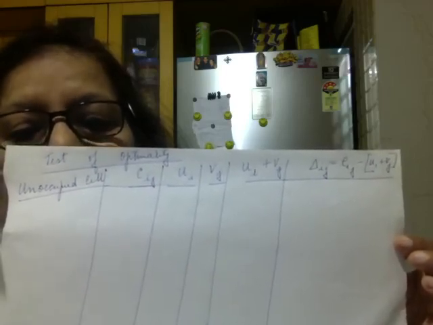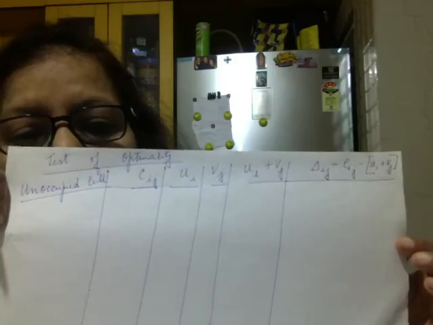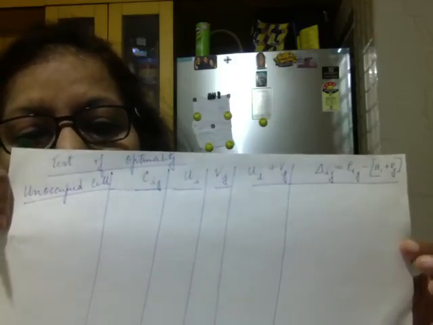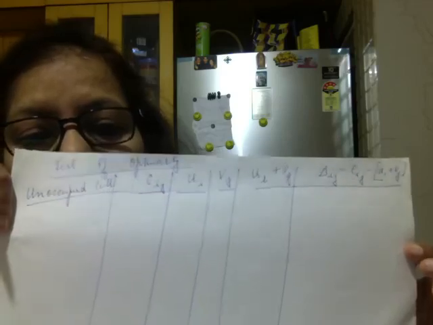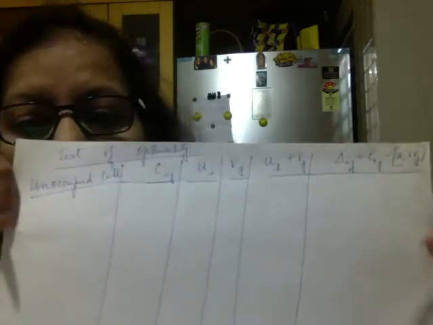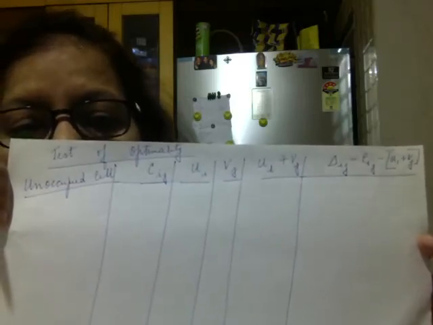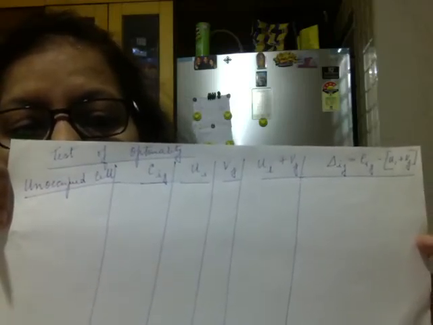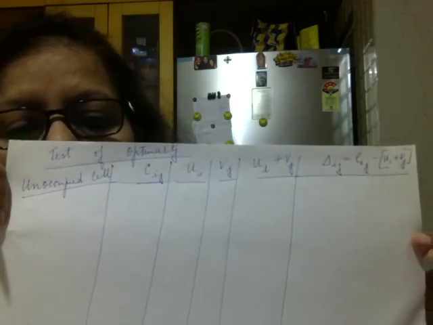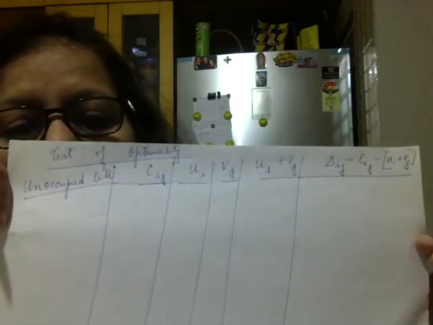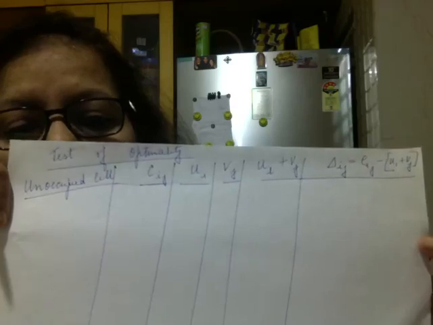Then you add them, and then you subtract to get delta ij. Now in delta ij, if you get everything positive or 0, the solution is optimal. If you get any negative, the solution is not optimal. Simple. Alright, everybody ready? I'll give you a minute to write it, and then we will carefully do the problem.